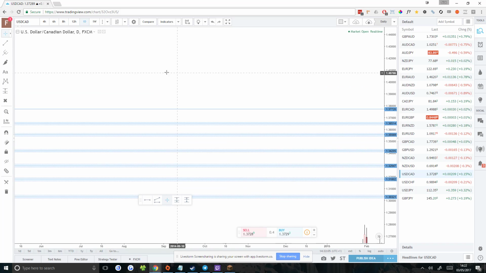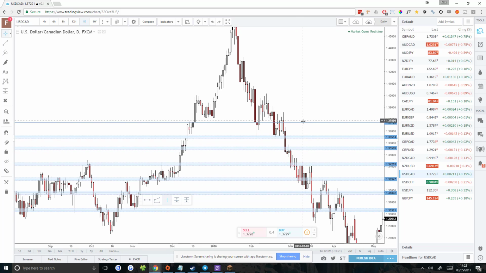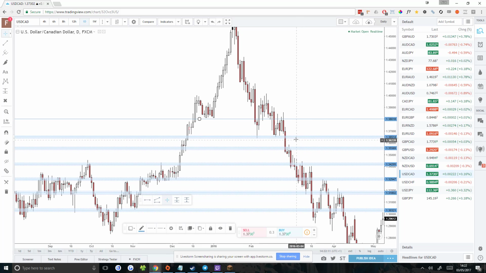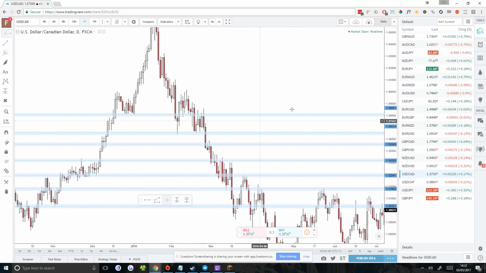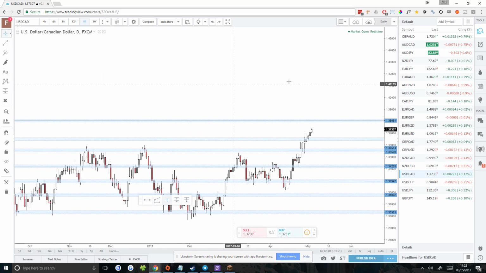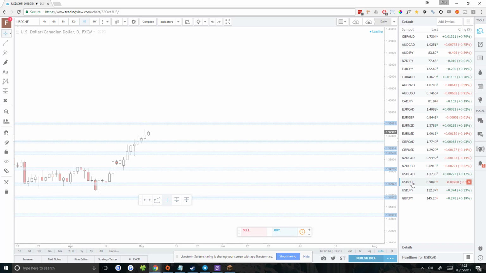Don't have much data for this. Have pretty much no data really. Just gonna place it here for now. We'll see how that area works out. All right, so we have nothing really happening on USD CAD.